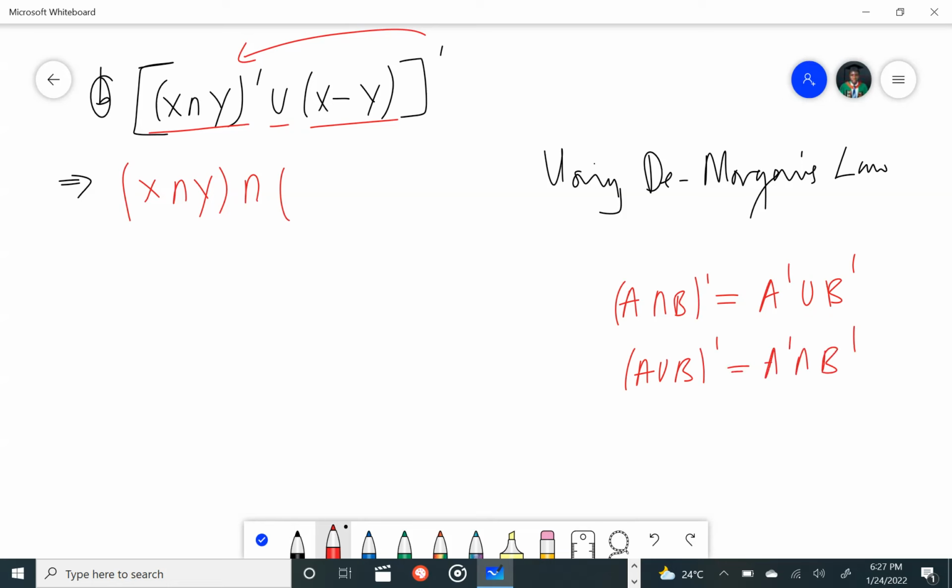Just in case you forgot. Now using that, we go to the last part, which is x minus y, that's the relative complement, and then the complement goes there. So we've used De Morgan's law there.